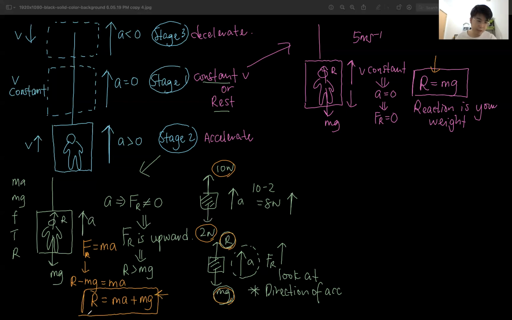And you can calculate what is the R here if you know the acceleration and your own mass.